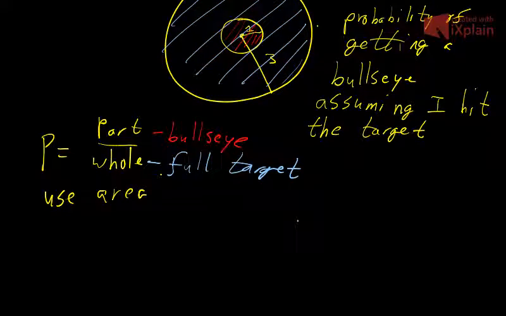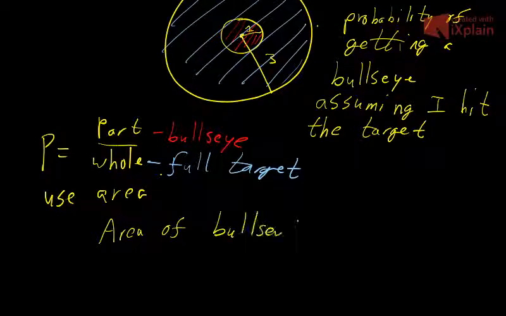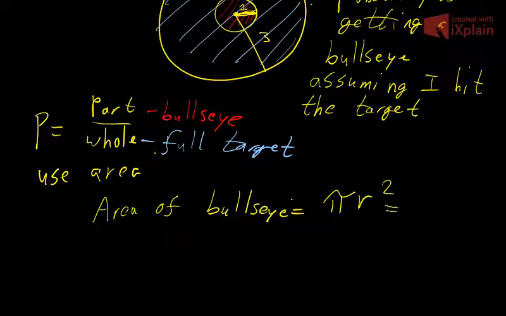I know that the area of my bullseye is going to be equal to pi times the radius squared. My radius here, if we look again, is 1. So that would be equal to pi times 1 squared, and that's just equal to pi.